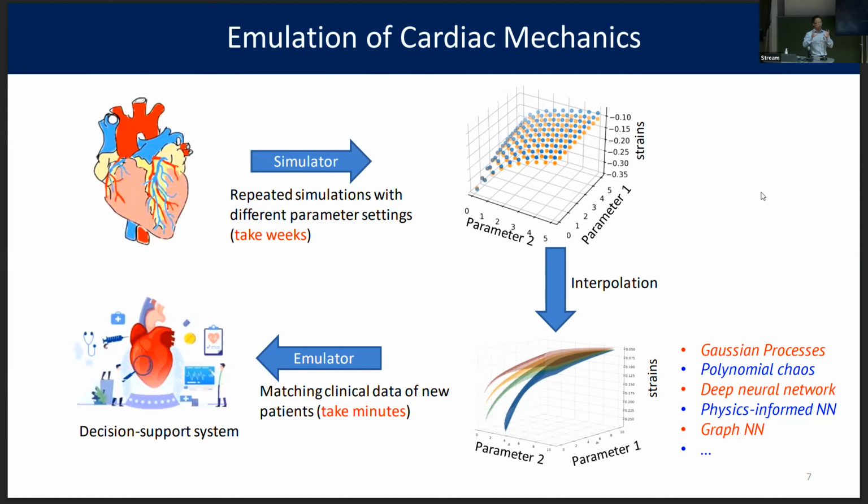After training the emulator, we can use it to replace our simulator to calibrate the models so that we can match the patient data, and provide a faster solution so that doctors can have personalized biomechanical factors coming from the emulator to make in-time decisions in clinical settings. This is the ultimate aim of this project.